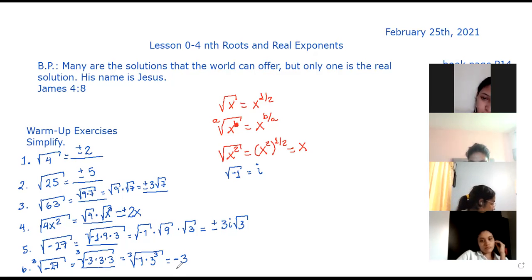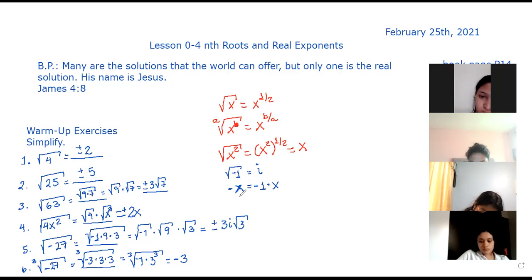I made it visible. Every time that you have this, write it down. Another important fact: if you have negative x, you can rewrite this as negative 1 times x. There is an invisible 1 here, so you can make it visible. For factoring purposes, this can help you a lot.